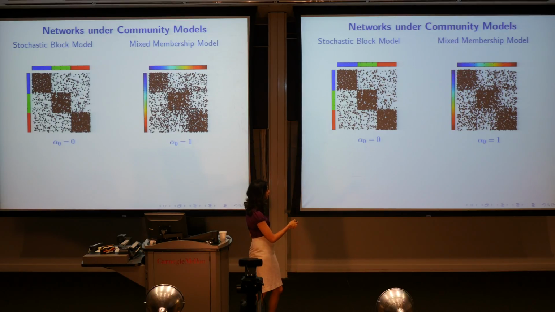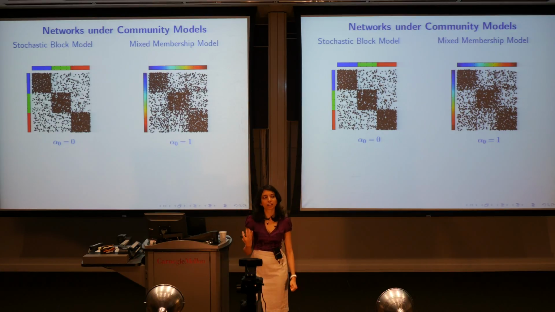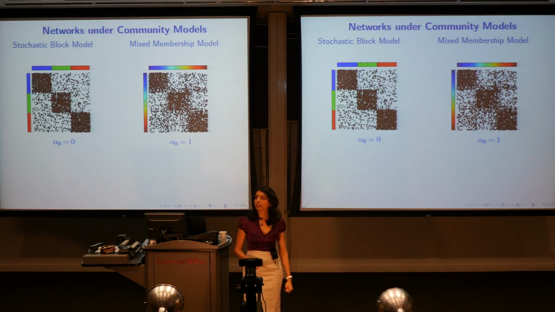And you can see that the nodes that are mostly in one community form a tight cluster here, whereas the nodes that now belong to multiple communities have edges more spread out. It's not a nice block as here. So you can see that visually it should be harder to recognize these mixed communities.